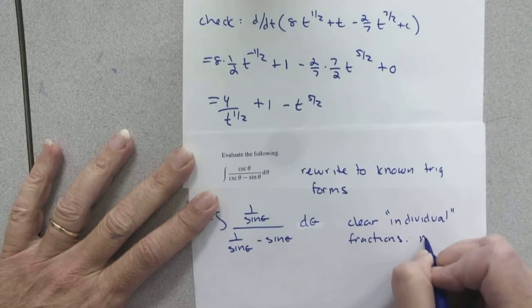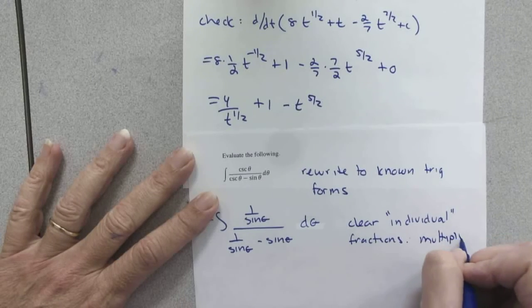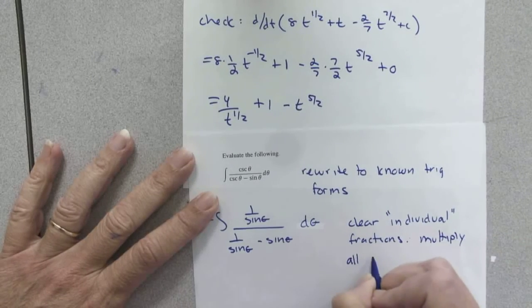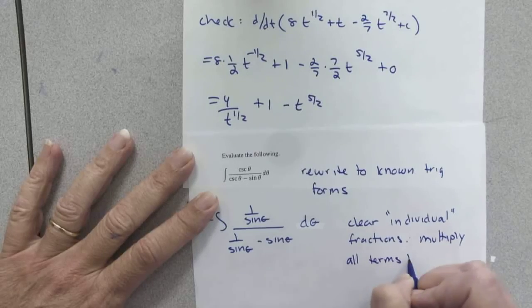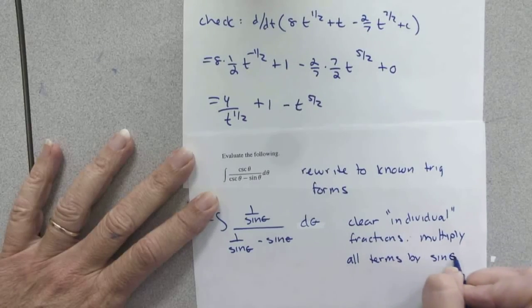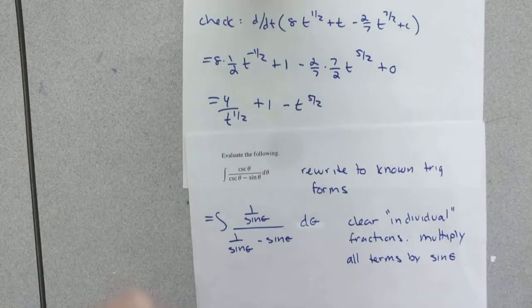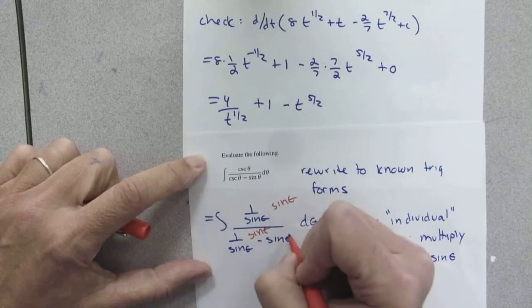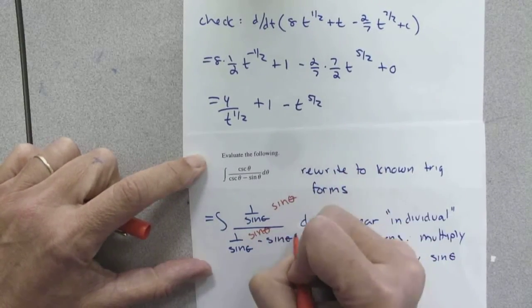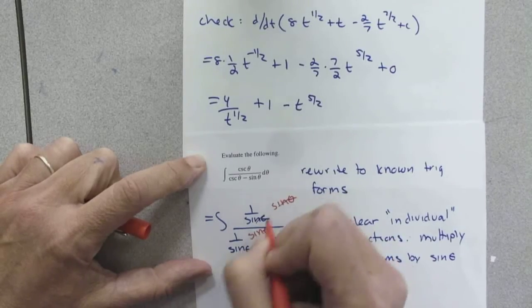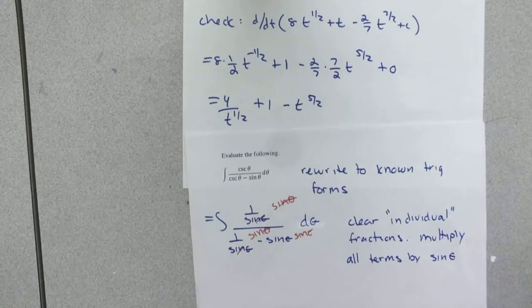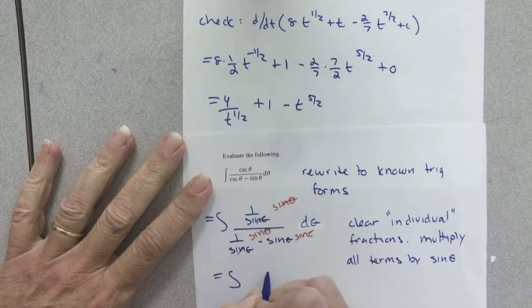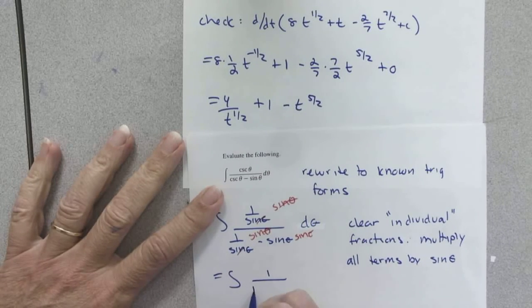I'm going to multiply all the terms by sine theta. So in the numerator, that cancels, leaving 1. Down below, I'm going to get 1 minus sine squared theta d theta.